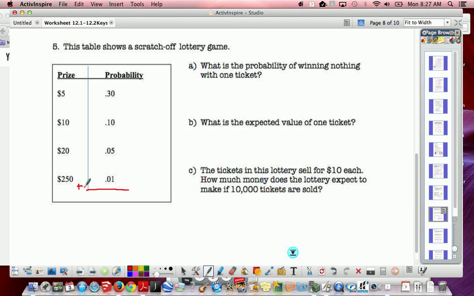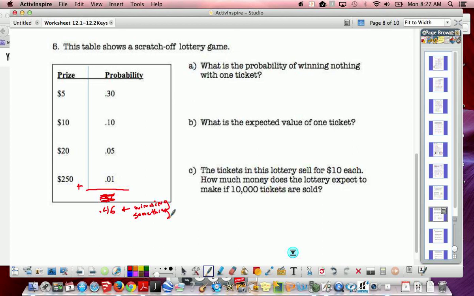I'm going to add up all those probabilities, because that would be the probability of winning something. I can't add correctly: 30%, 40%, 45, 46. So 0.46 is the probability of winning something.